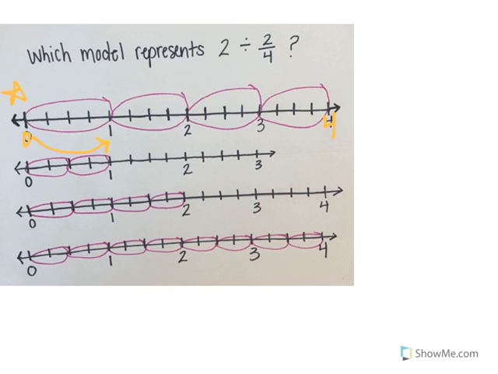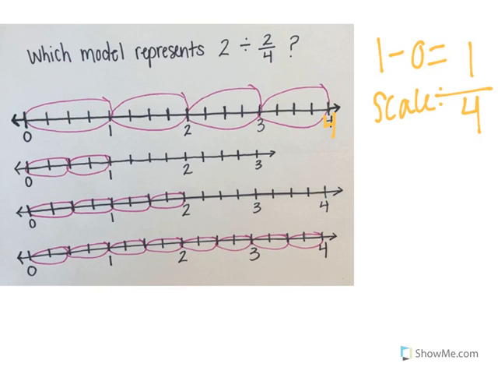I subtract, so 1 minus 0 is equal to 1. 1 represents my numerator. And then I count how many individual pieces are in between that interval. So I see 1, 2, 3, 4. So my scale is 1/4, meaning every tick mark I'm counting by fourths.